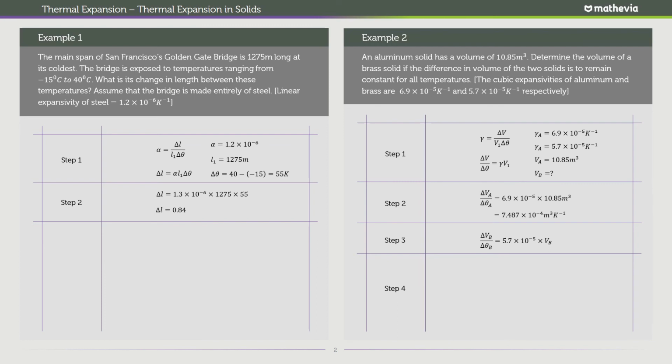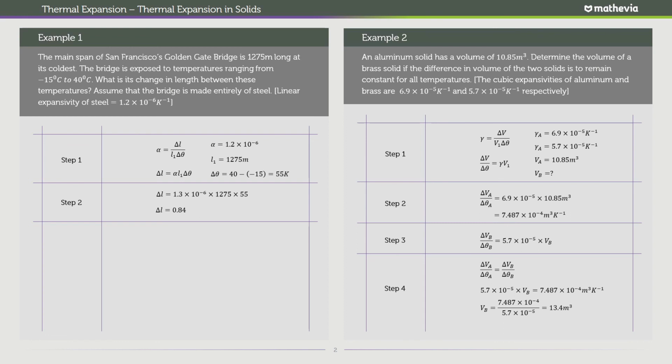So if you just take a particular temperature, the temperature for both metals is the same, and the volume change is to remain the same, i.e., the change in VA equals the change in VB, and the change in theta A equals the change in theta B. So delta VA over delta theta A equals delta VB over delta theta B. For the brass, from step 3, we have 5.7 times 10 to the power of minus 5 times VB, and this equals, from the result from step 2, 7.487 times 10 to the power of minus 4.